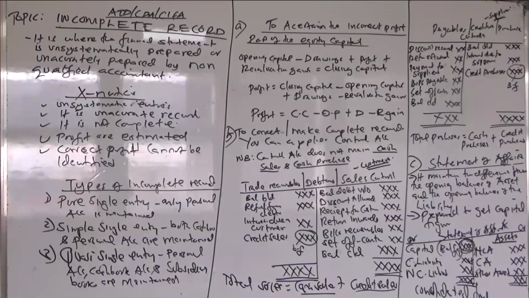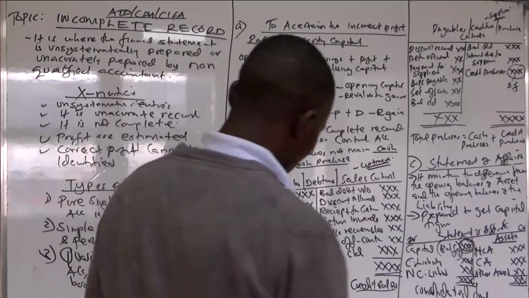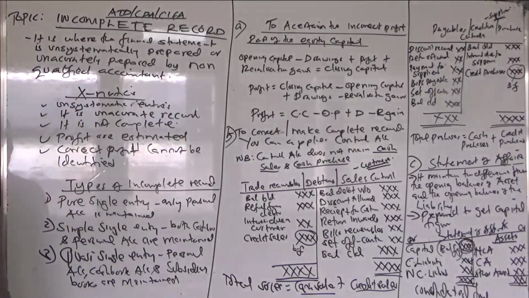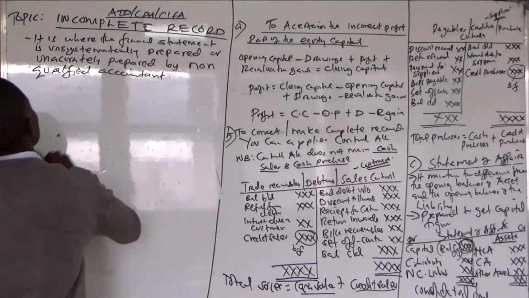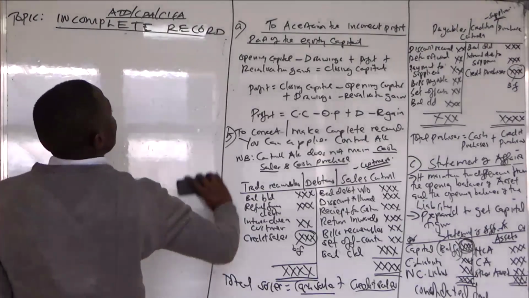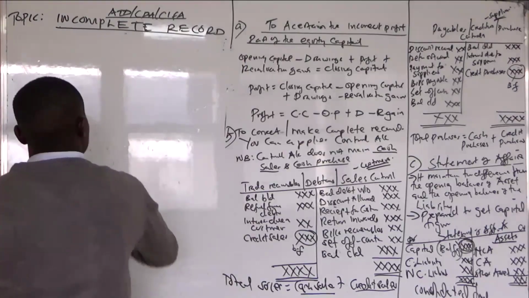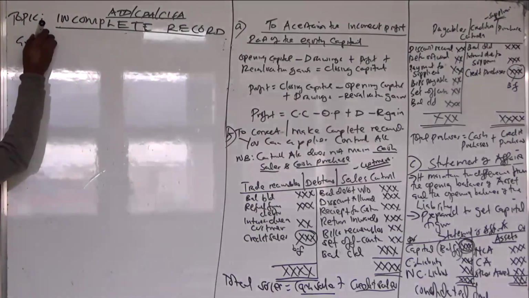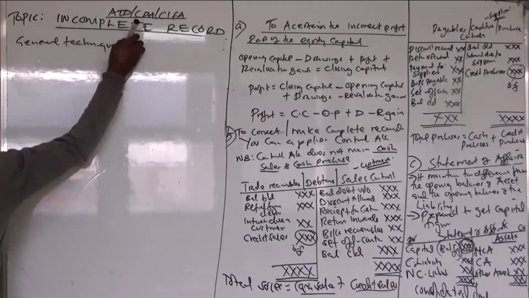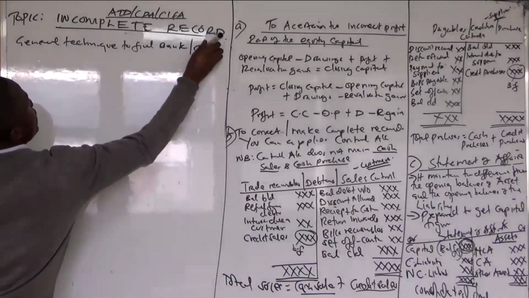So that is how to find capital. Now, general techniques on how to find cash or bank.